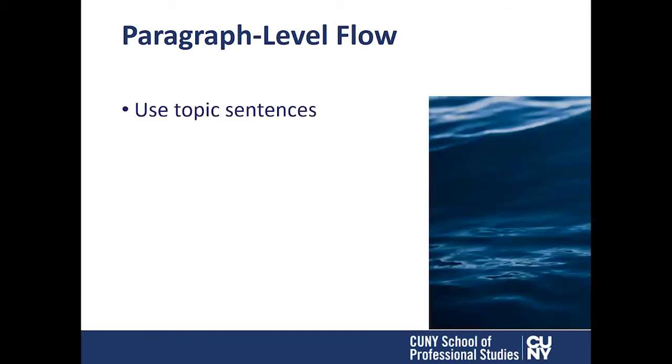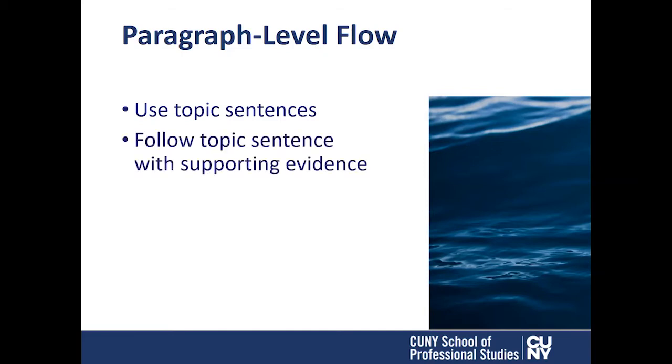When we're talking about paragraph level flow, remember that topic sentences come first and sum up the paragraph's one idea. It's followed by evidence. And you're thinking here about which rhetorical appeals to use.